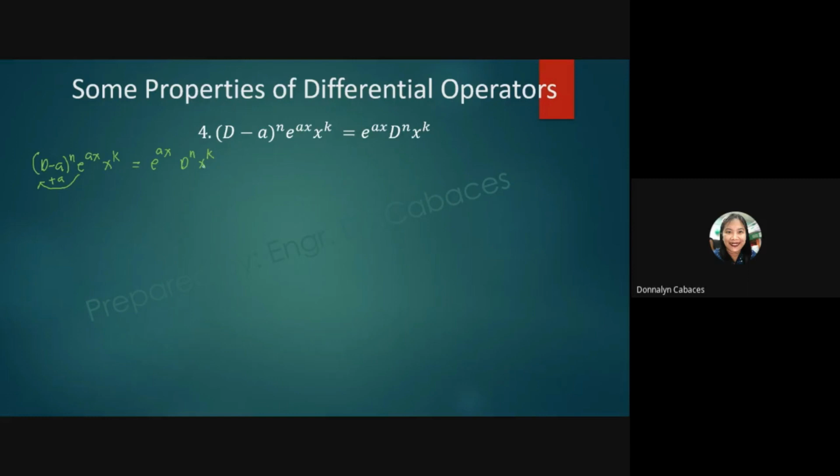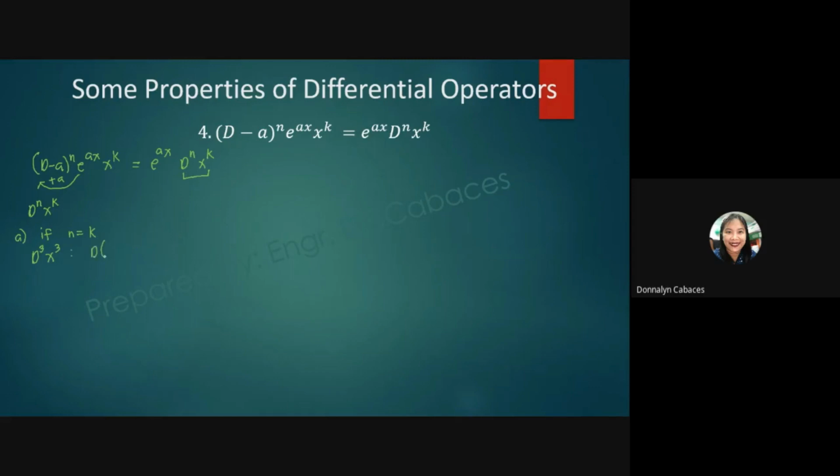The fourth property actually is referring to this part of finding D to the n of x to the k, depending on the values of n and k. The first case is if n is equal to k, what would be the derivative, for example, the third derivative of x cubed?